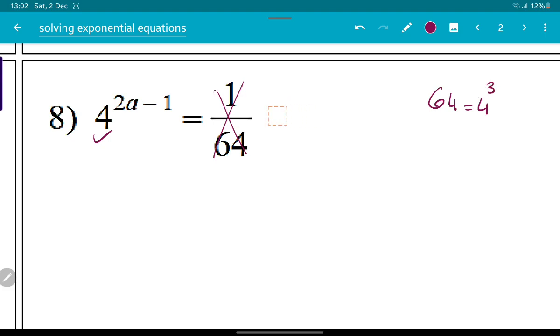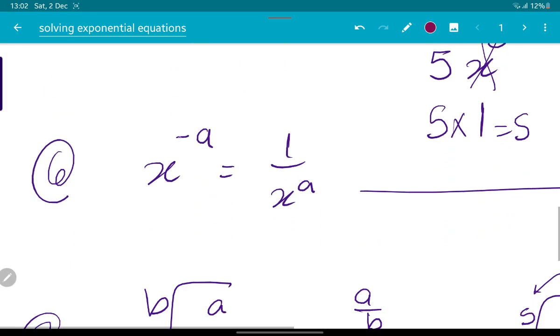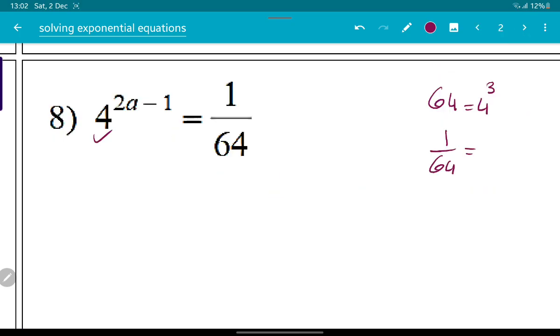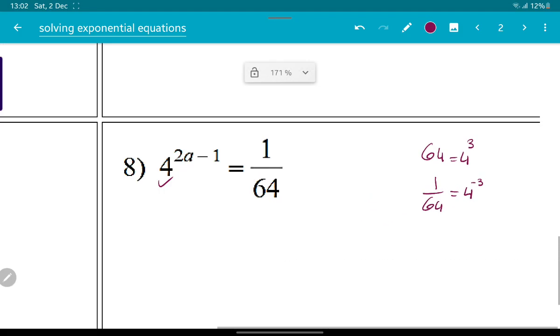But this is not 64. It's 1 over 64. Do you remember the property that flips the base? So this could be 4 power negative 3. And because of this negative, it's flipped. So we can replace this to be 4 power negative 3.